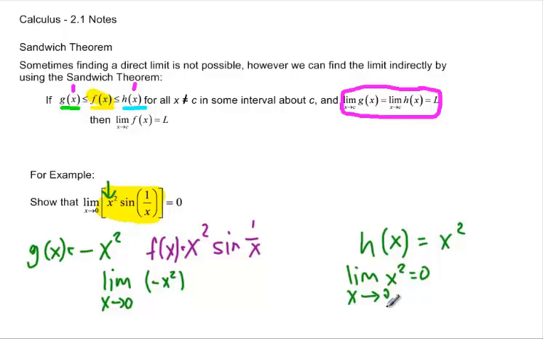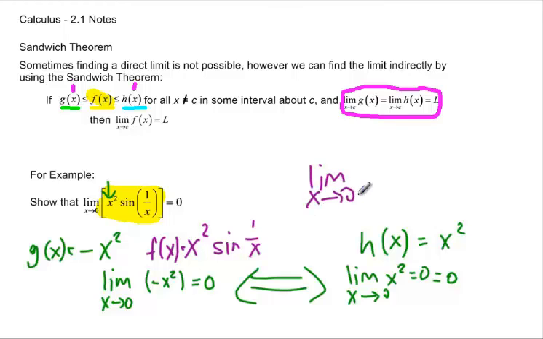And when we do this, we can substitute 0 in. So 0 squared is 0, and 0 squared is 0. Since both of these guys go to the exact same number, 0, then we can say that the limit as x approaches 0 of x squared times sine 1 over x is 0.